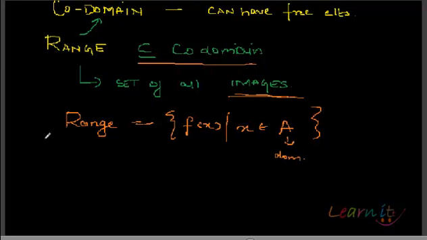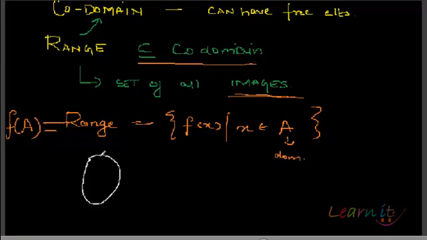It is also written as f(A). Essentially, that is the f image of the set A, with all the exhausted possibilities of all the elements of A.